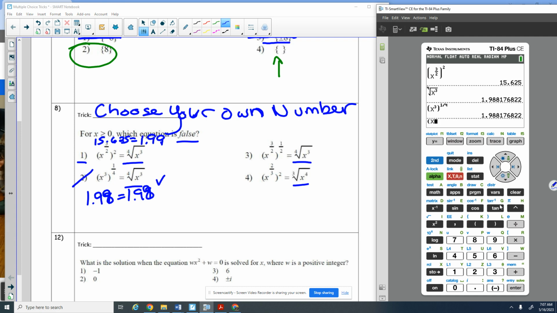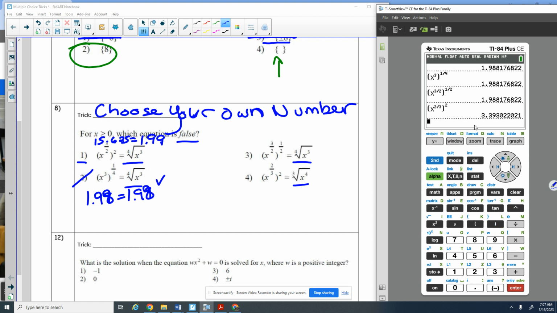So my next one is x to the 3/2 to the 1/2. That works also. That's equal to that 1.99 number. And then the last one, x to the 2/3 squared.